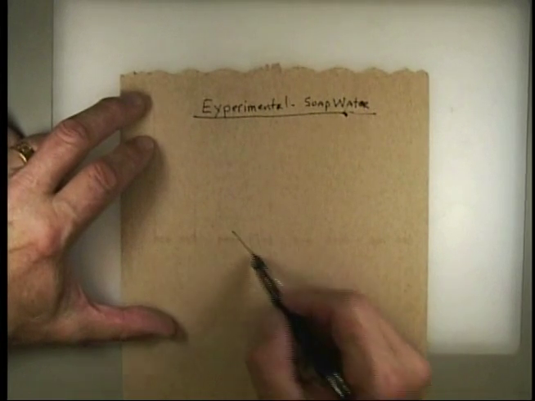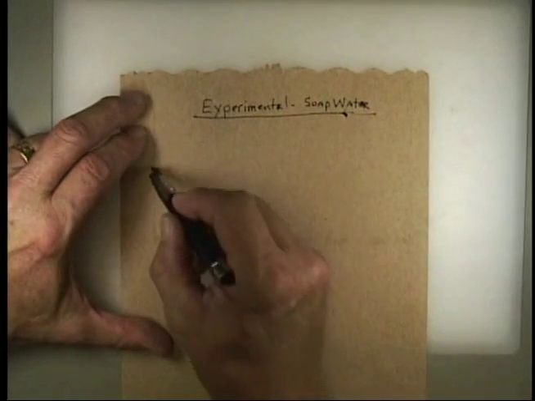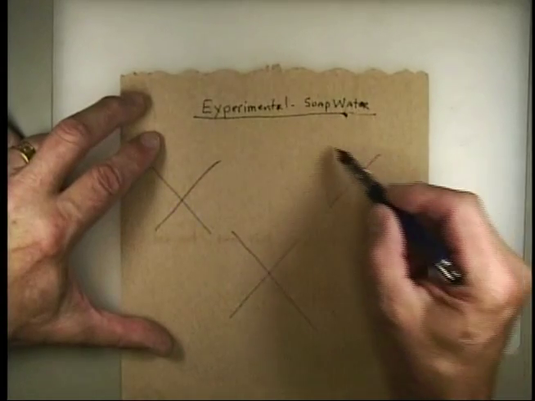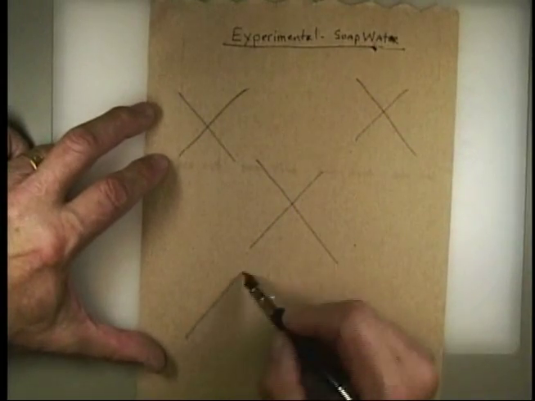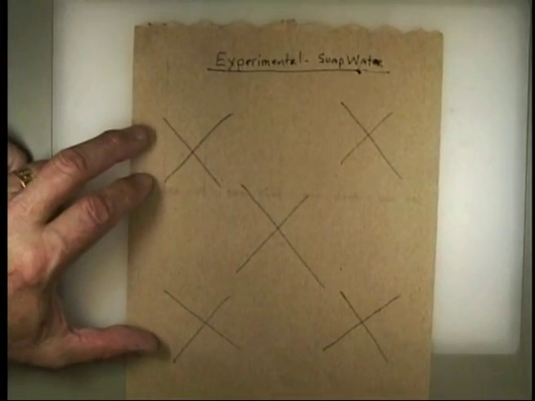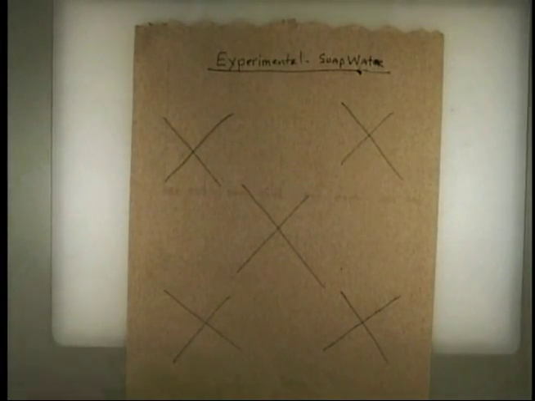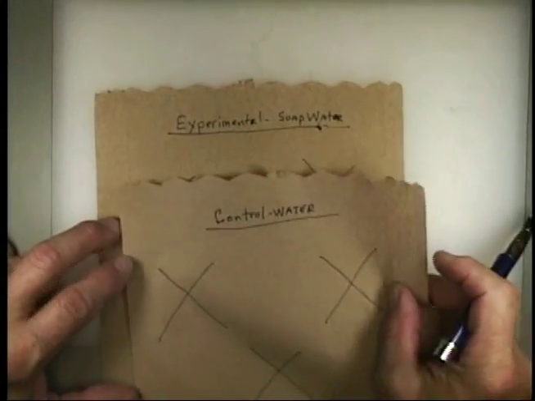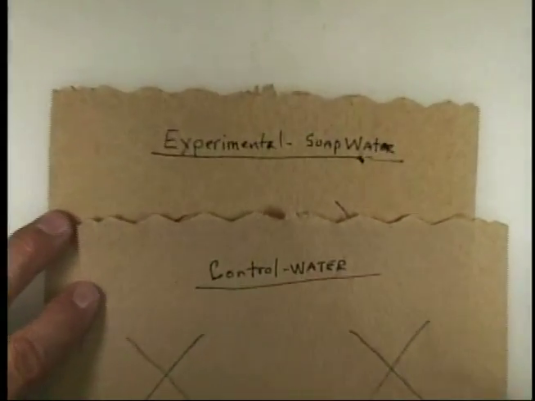And once again, 5 X's. Experimental and control. I'll zoom in so you can spell these words better.